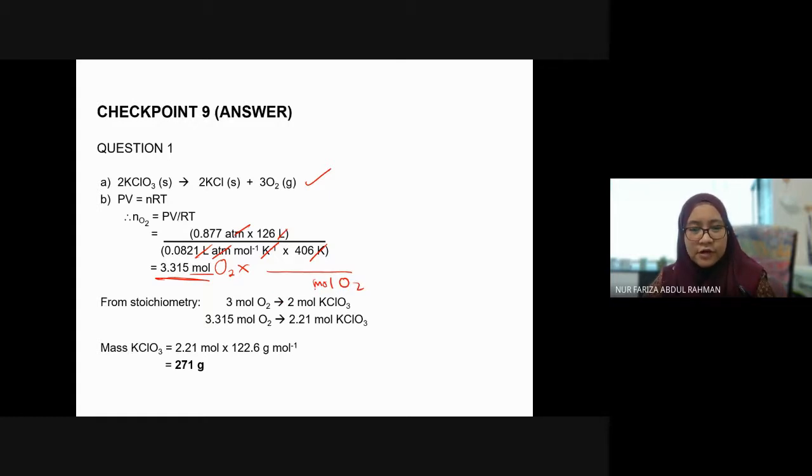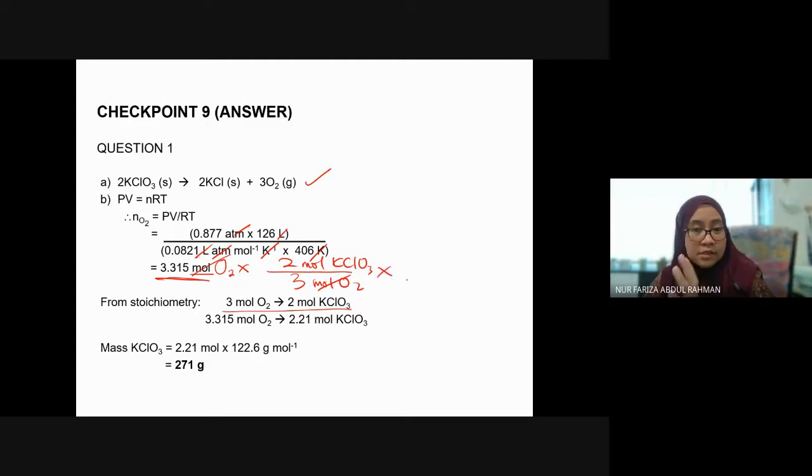So mole of oxygen. This relationship we can obtain from the balance equation. From the balance equation, 3 mole of oxygen will be produced from 2 mole of KClO3. So this one will be cancelled out and then we are left with mole KClO3.